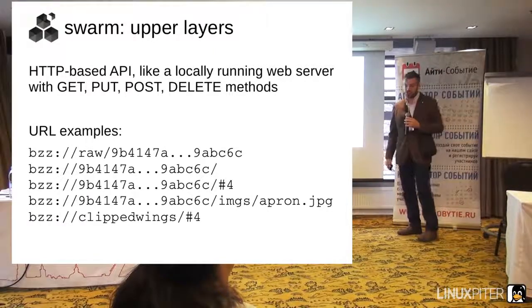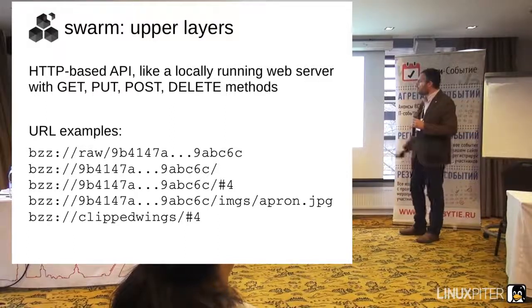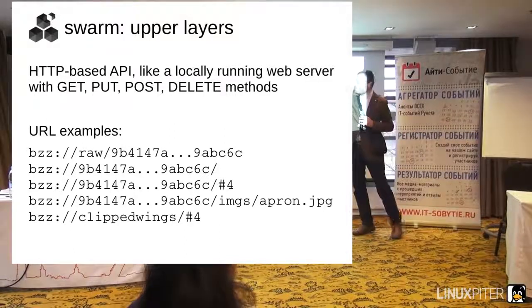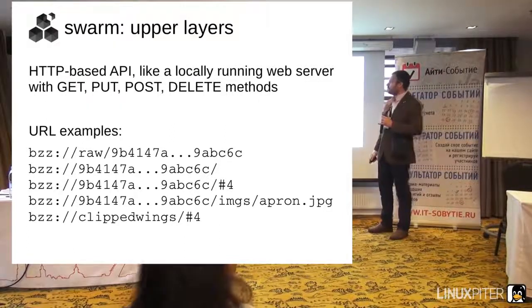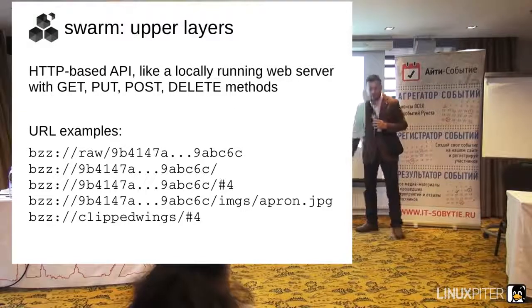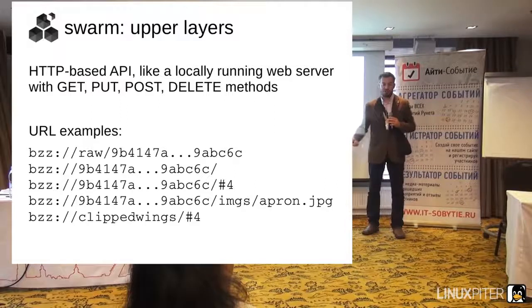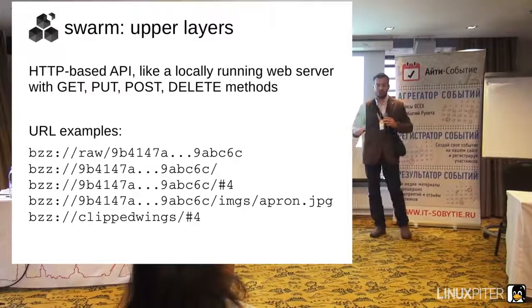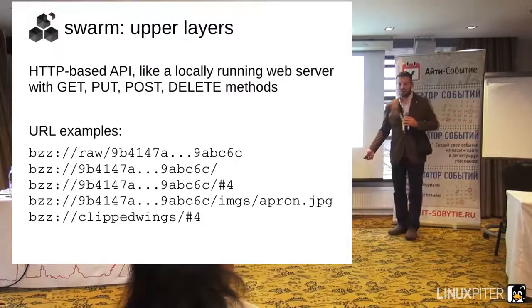So that's the HTTP API. Of course, if you modify things, so if you make post or delete requests to these URLs, then the root hash is going to change, because the root hash sort of integrity protects the whole thing.